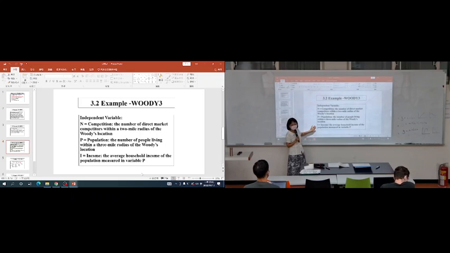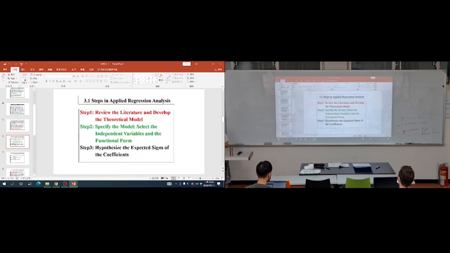The higher income, the more chance to go to the restaurant. So this is negative, we expect. This is negative, and these two, the coefficients of them are positive. So this is what we say, hypothesize the expected sign of the coefficient.